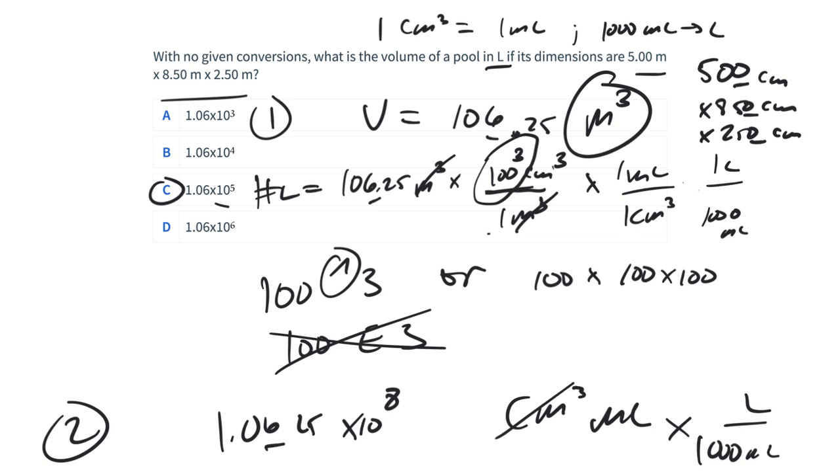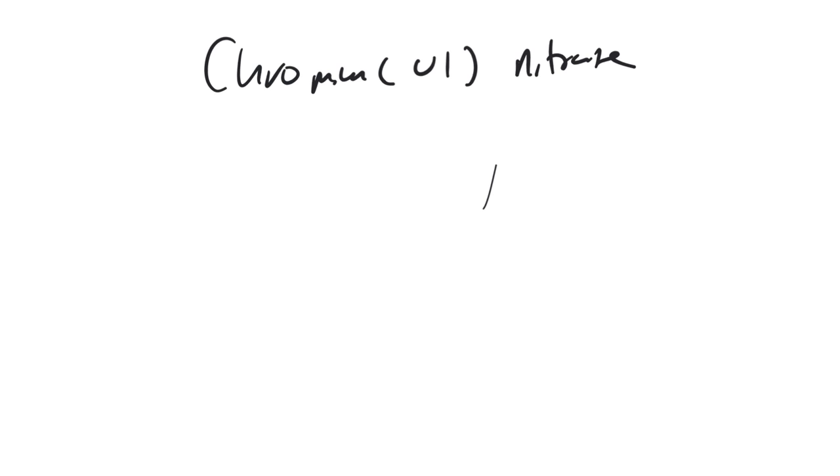Yes? Sure, which one? Yeah, chromium 6. Sure. So for chromium 6 nitrate, the key is that this here is telling you the charge of chromium, that's chromium 6 plus.